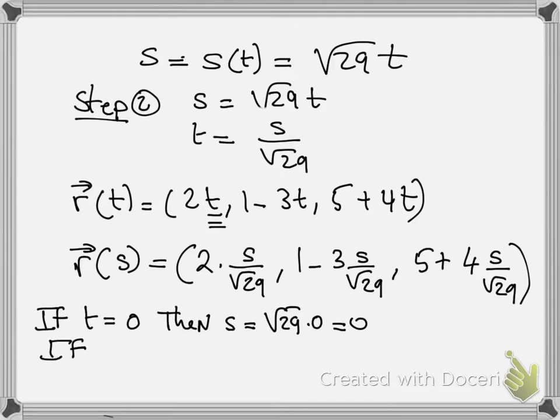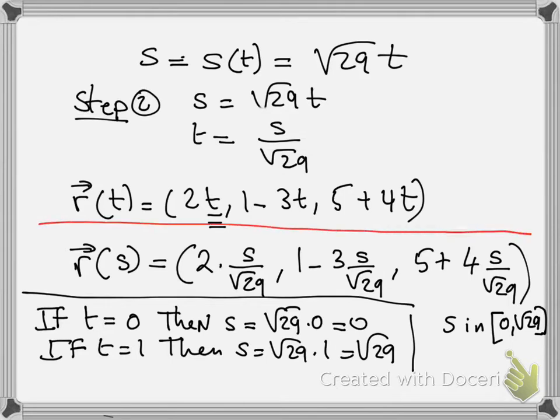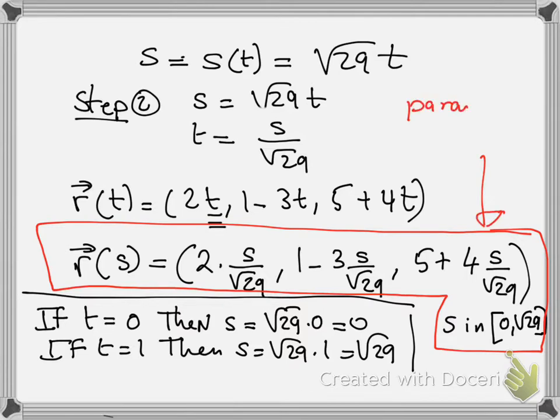And if t is 1, then s is square root of 29 times 1, that would be square root of 29. So s is in the interval from 0 to square root of 29. Okay, so this is the final answer. The parameterization with respect to arc length is this, with s in the interval [0, square root of 29].